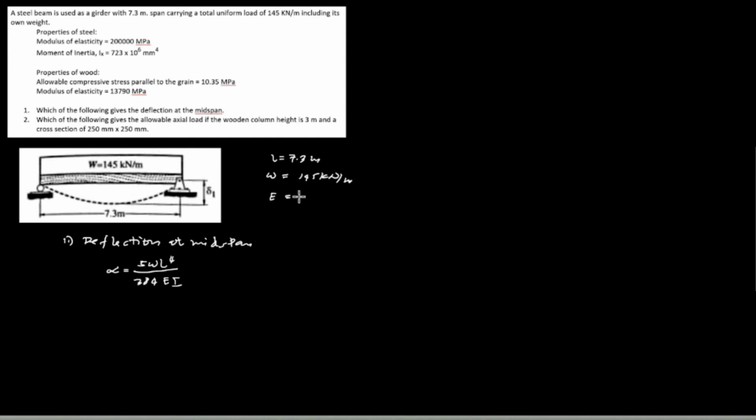E, modulus of elasticity for steel, 200,000 megapascal. And for moment of inertia, it's 723 times 10 to the power 6 millimeter exponent 4.